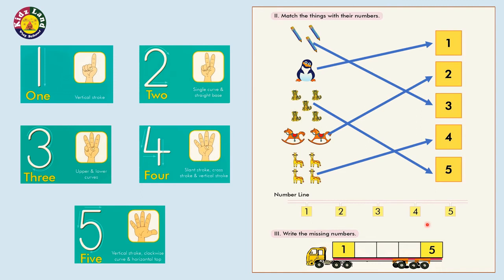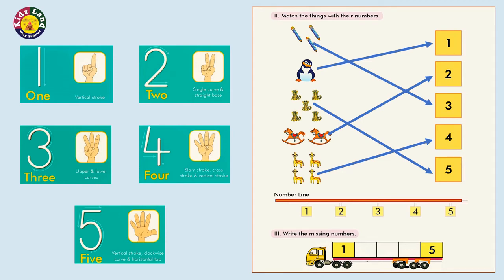That is, we start from 1, we go to 2, 3, 4 and then 5. How does the number line work? It starts from 1, 2, 3, 4 and 5. That's how the numbers are. We have to go in an order. The number line shows the order of numbers.